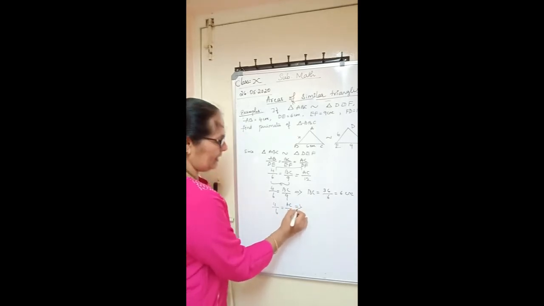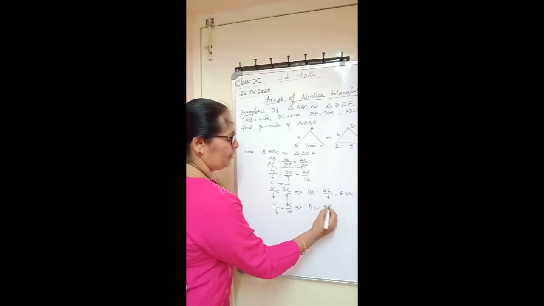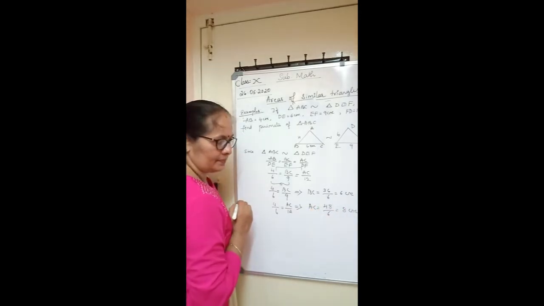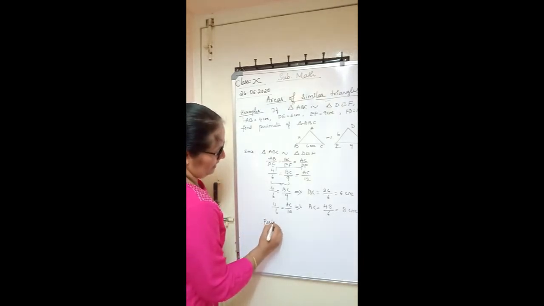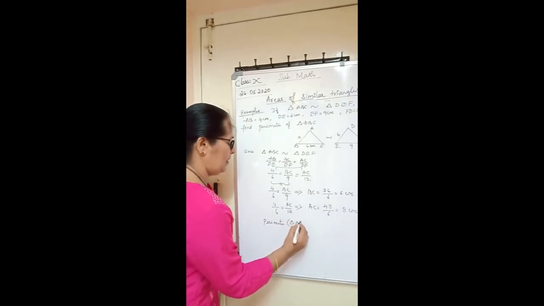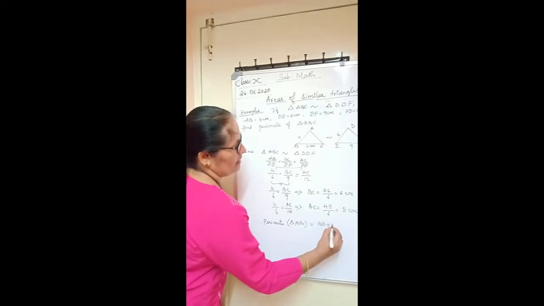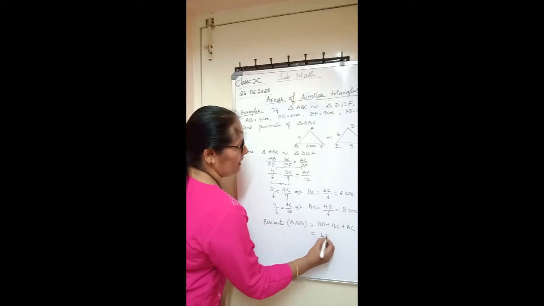Again cross multiply. 12 4s are 48. So AC equals 48 by 6, which is 8 centimeter. Right? Therefore, perimeter of triangle ABC is equal to the sum of the three sides AB plus BC plus AC, which is 4 plus 6 plus 8, which is 18.